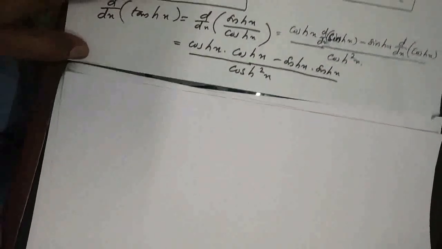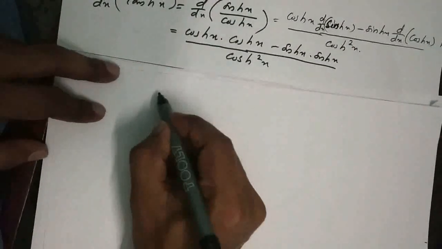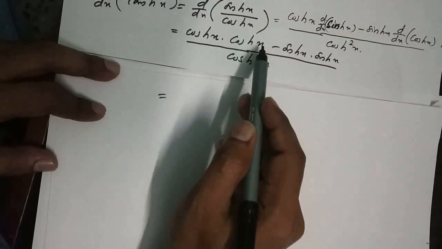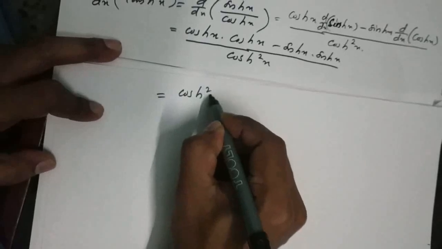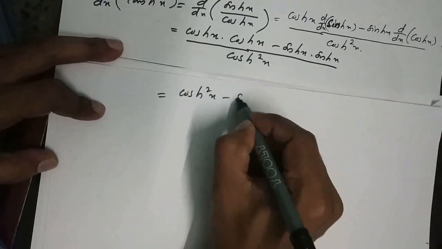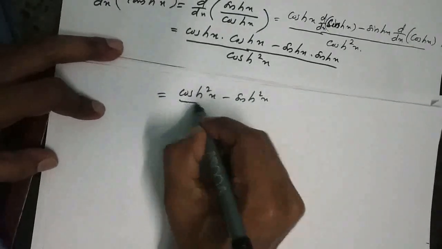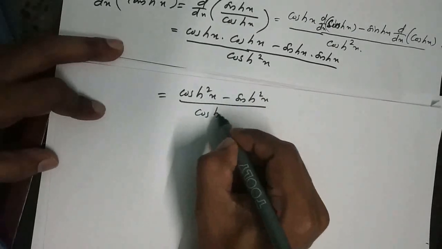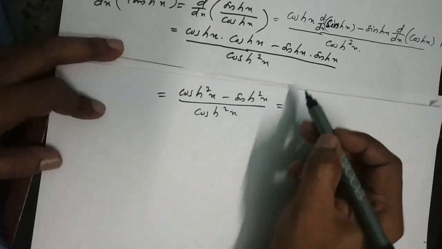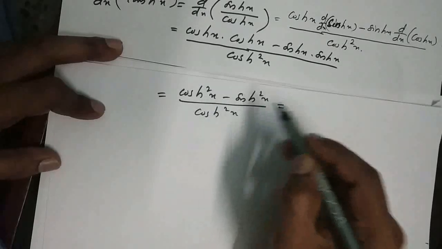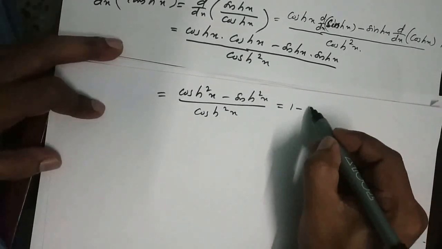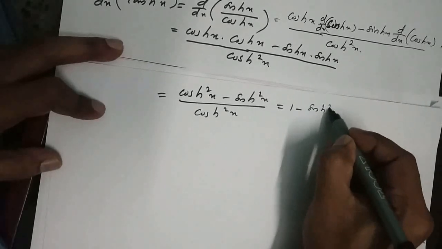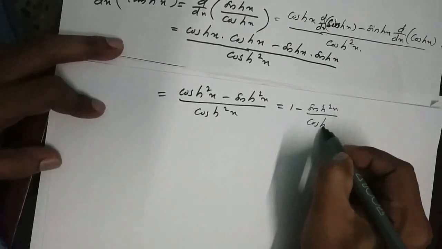So from this we get what? This is nothing but cosh x into cosh x, which is cosh square x. So cosh square x minus sinh square x divided by cosh square x. So this is nothing but cosh square divided by cosh square is 1 minus sinh square divided by cosh square is tanh square.